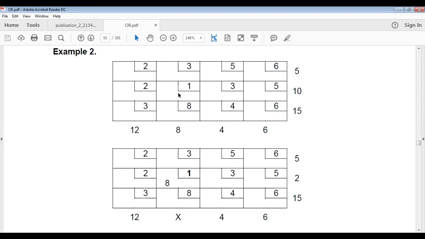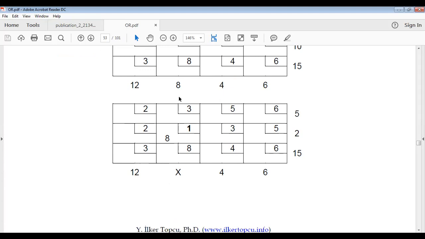If you allocate 8 here, the balance is nothing but 2 here. So he has marked 2 here. After that, you remove this particular column. So he has crossed it. This column is not existing.